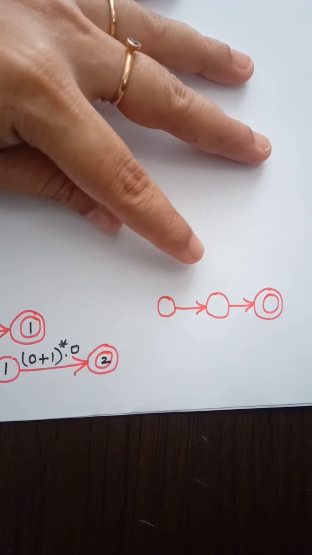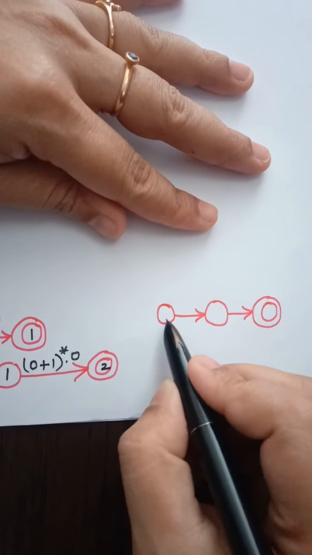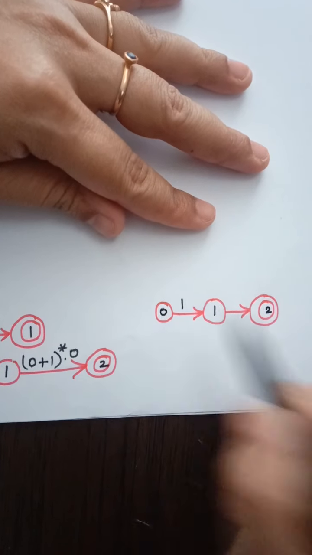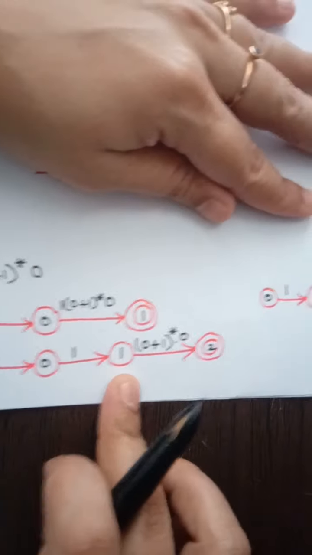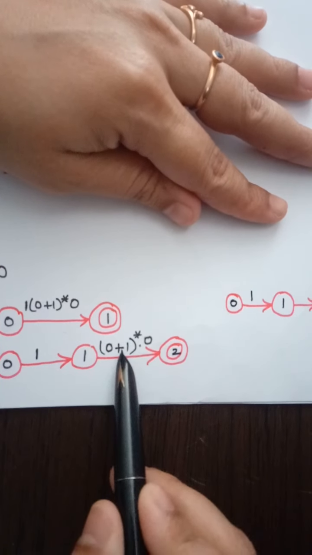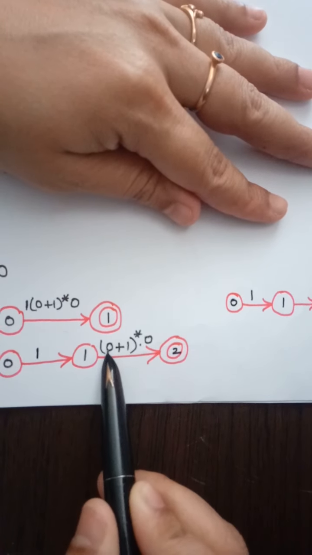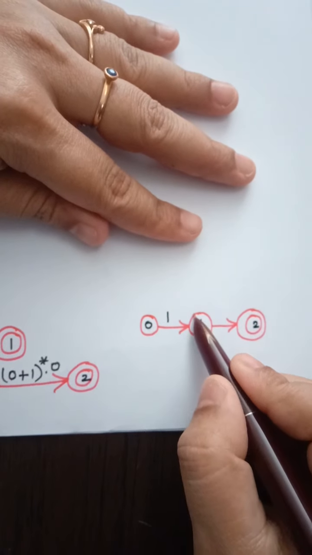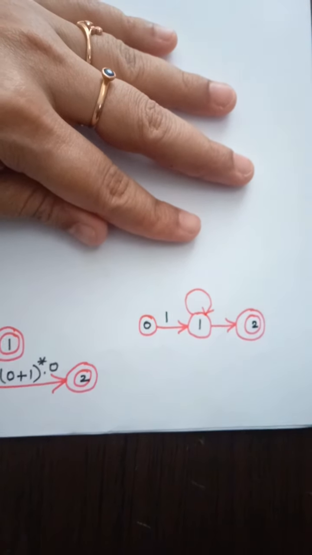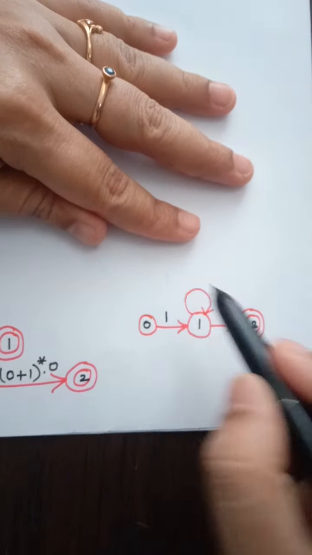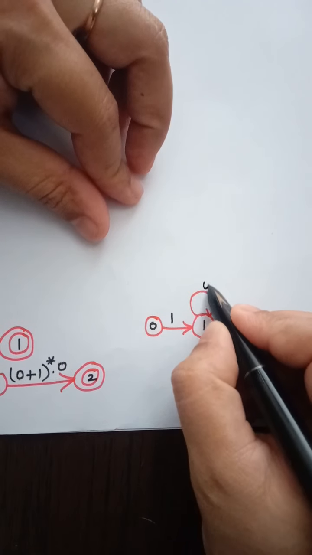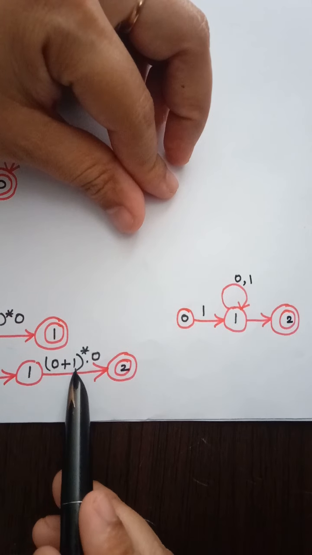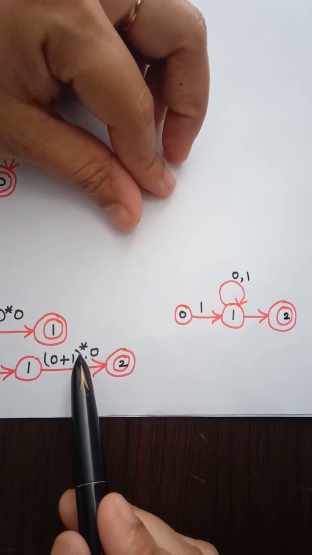I'm just taking the same diagram. So this is state 0, this is state 1 and this is state 2, and here the input symbol is 1. Here what we are going to do is split these two. Since it is (0+1)*, the transition happens on 0 and 1, so 0,1.